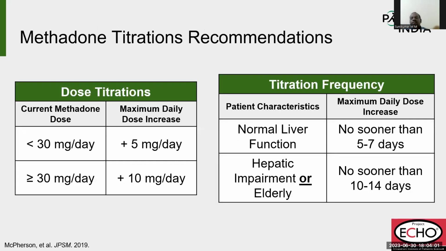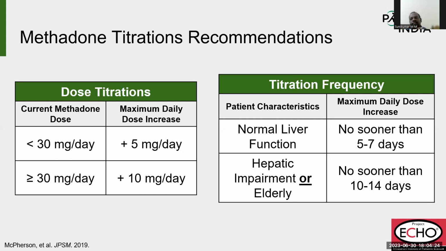And how can you increase the dose of methadone? If the patient is taking less than 30 milligram per day, you can only increase by 5 milligrams of methadone per day. Suppose the patient is taking 30 milligram and doesn't have proper pain relief, you can add 5 milligram.